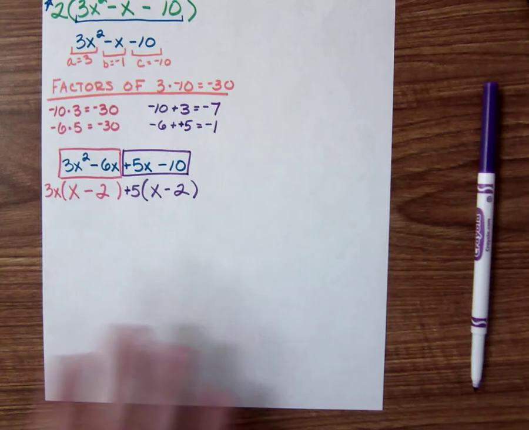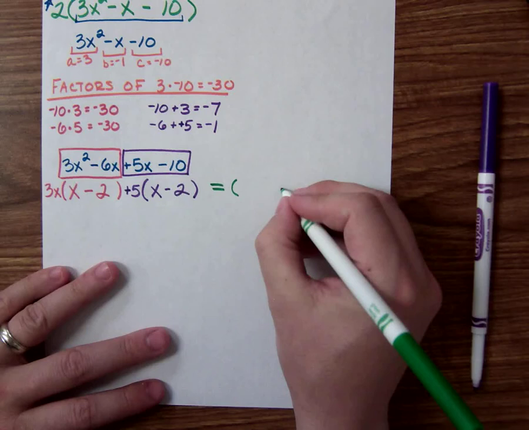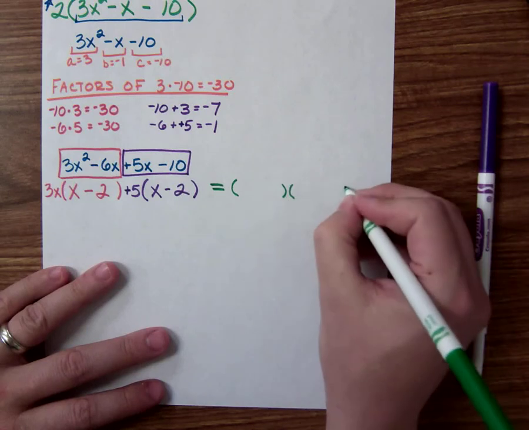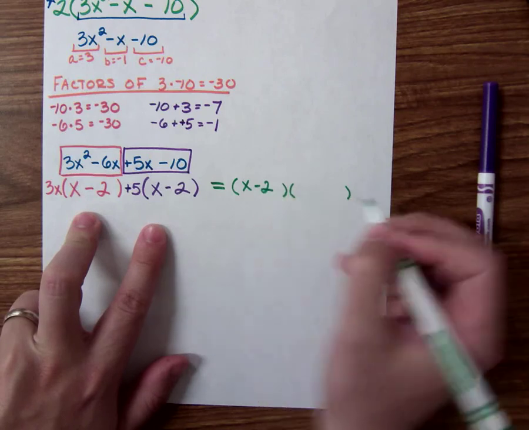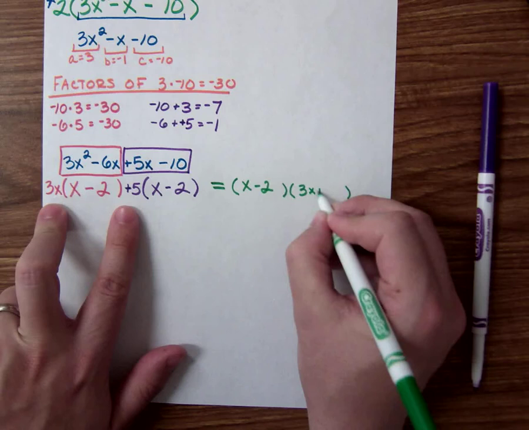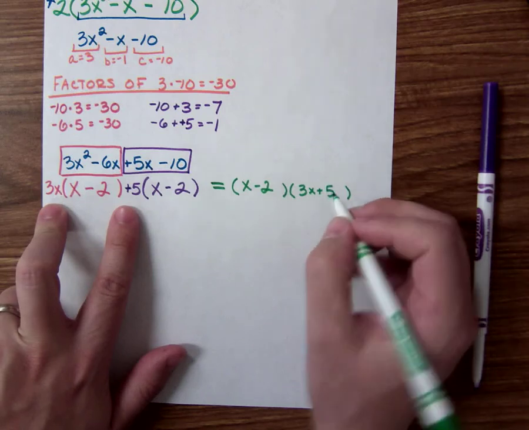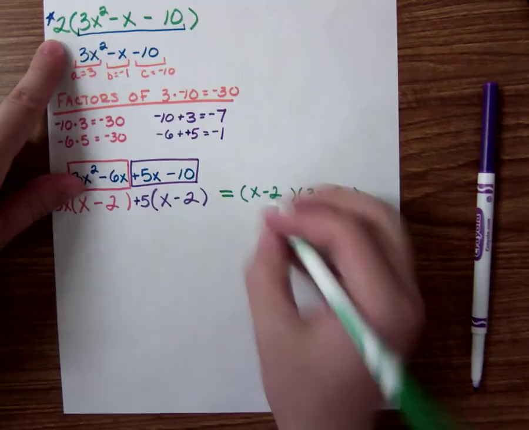I'll bet you know what the answer is. What goes out in front? X minus 2. X minus 2. And then the second set? Plus 5. And that is the answer. Don't forget about the GCF of 2. That goes in the very front.